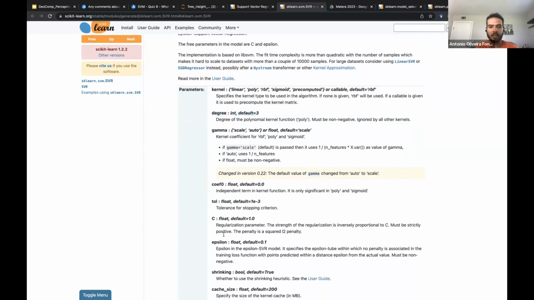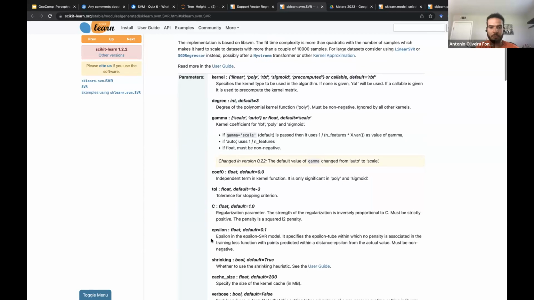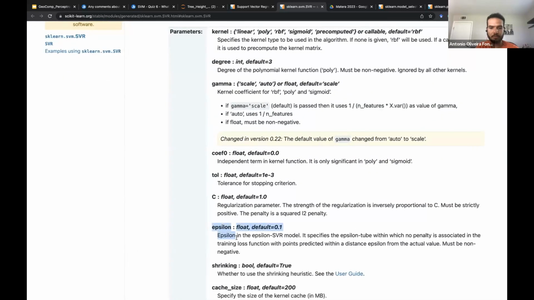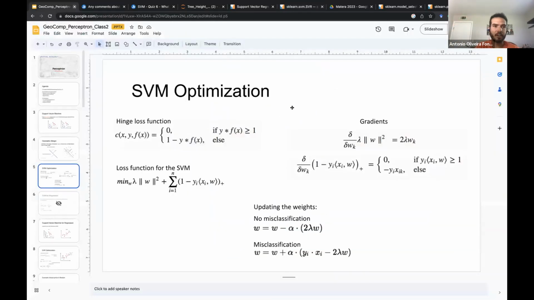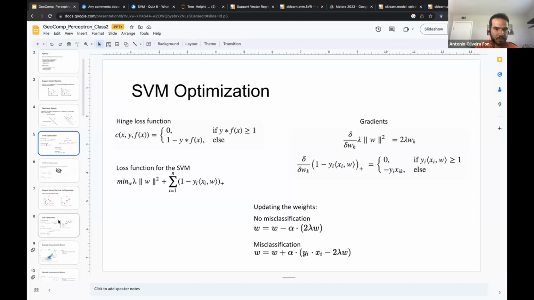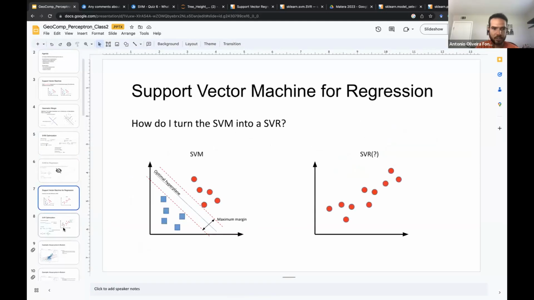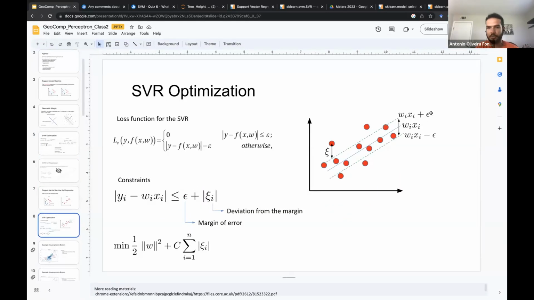But you guys remember that we saw two important parameters, which were the epsilon, which basically specifies the margins. You guys remember that the margins were defined by this epsilon, here.